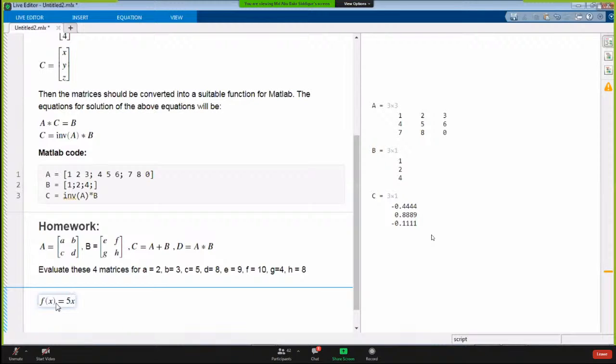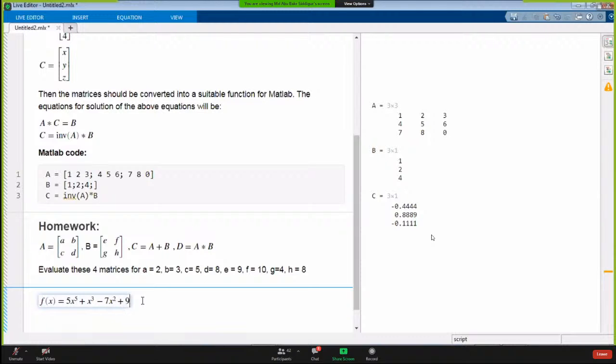So fx equal x to the power 5 plus x to the power 5 plus 4 x to the power 3 maybe, minus 7 x square plus 9.